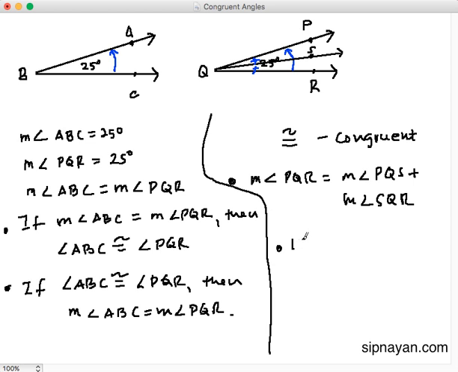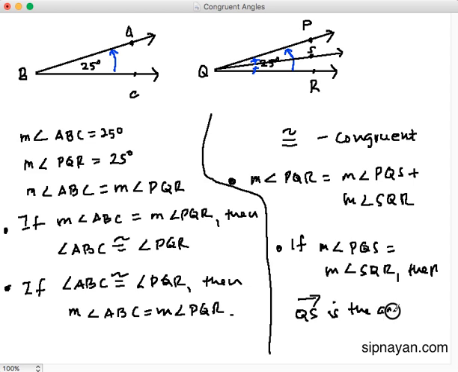So if measure of angle PQS is equal to the measure of angle SQR, then ray QS is the angle bisector of angle PQR. Angle bisector, ibig sabihin hinahati niya itong dalawang ito sa dalawa.